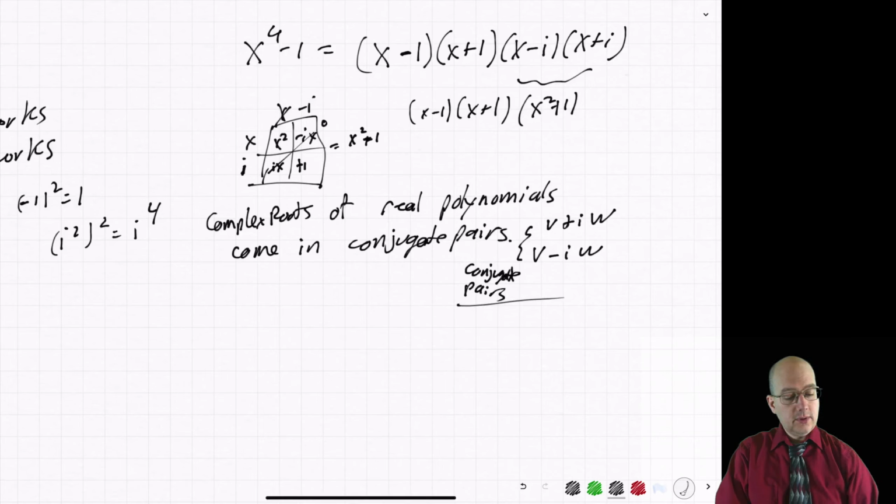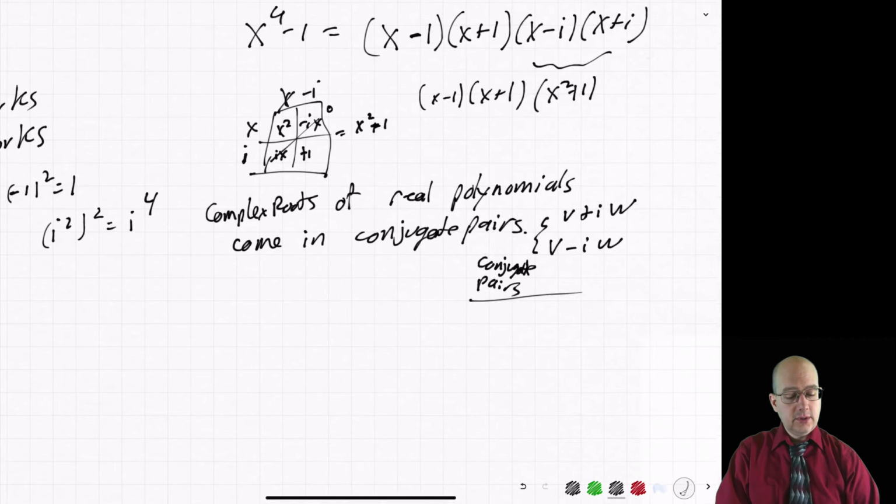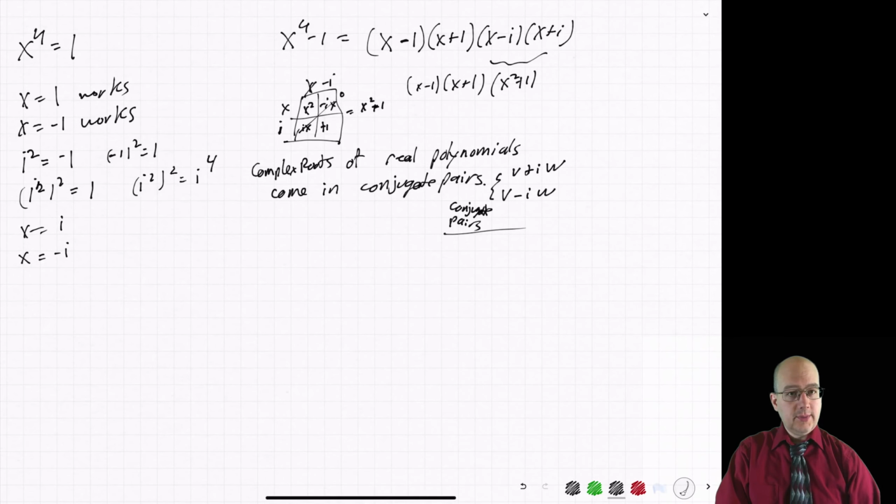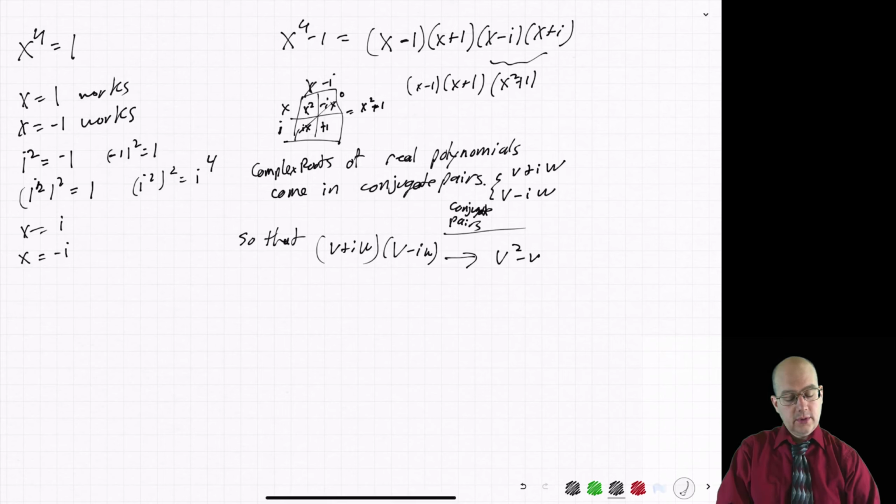So it's plus the imaginary thing and minus the imaginary thing. You have them together, so that when you multiply them together, the imaginary stuff vanishes. So v plus iw times v minus iw becomes v squared plus w squared, since the i's become a plus.